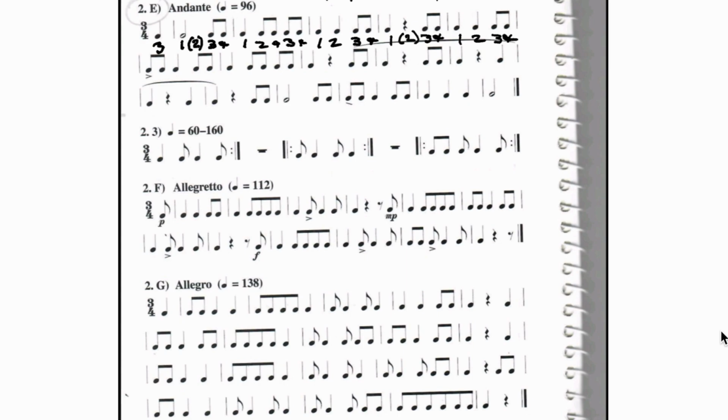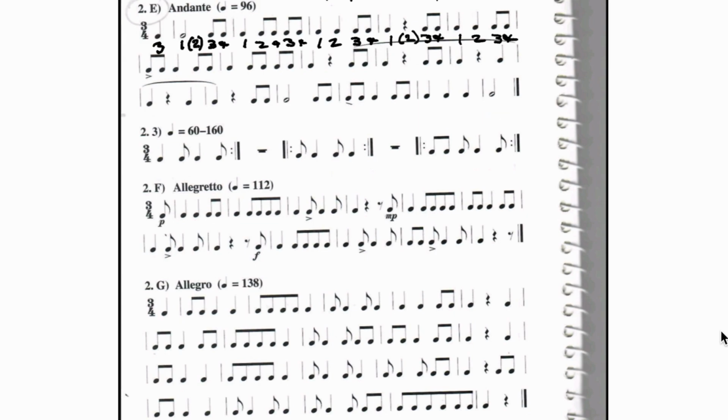Okay, here we go. 3, 1, 3, and 1, 2, and 3, and 1, 2, 3, and 1, 3, and 1, 2, 3, and 1, and 2, 3, and 1, 2, and 3, and 1, 3, and 1, 3 and 1 and 2, 3 and 1, 2, 3, 1.